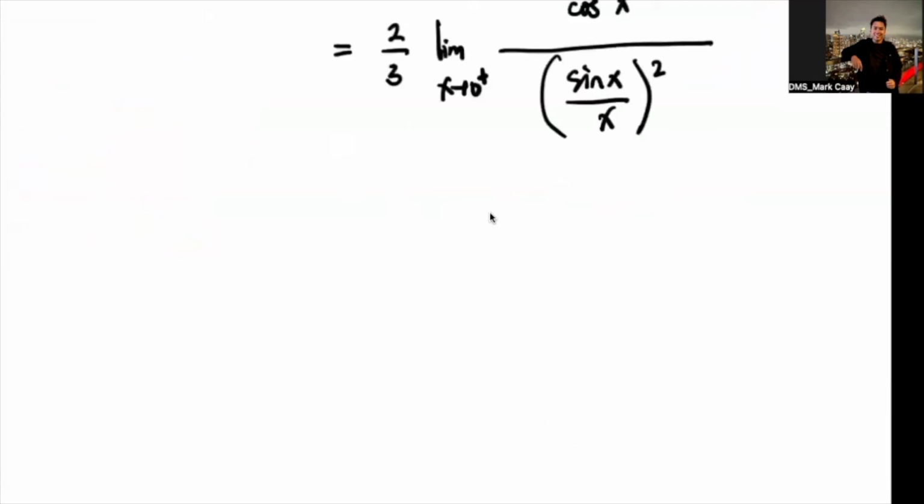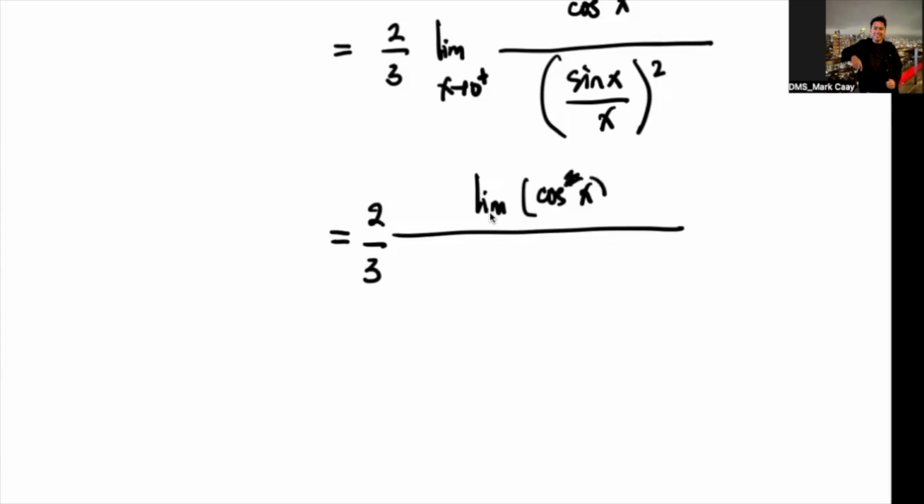We know the limit can go inside, so I have the limit of cosine squared x, and I can still have this, written like this, as x approaches 0 from the right.